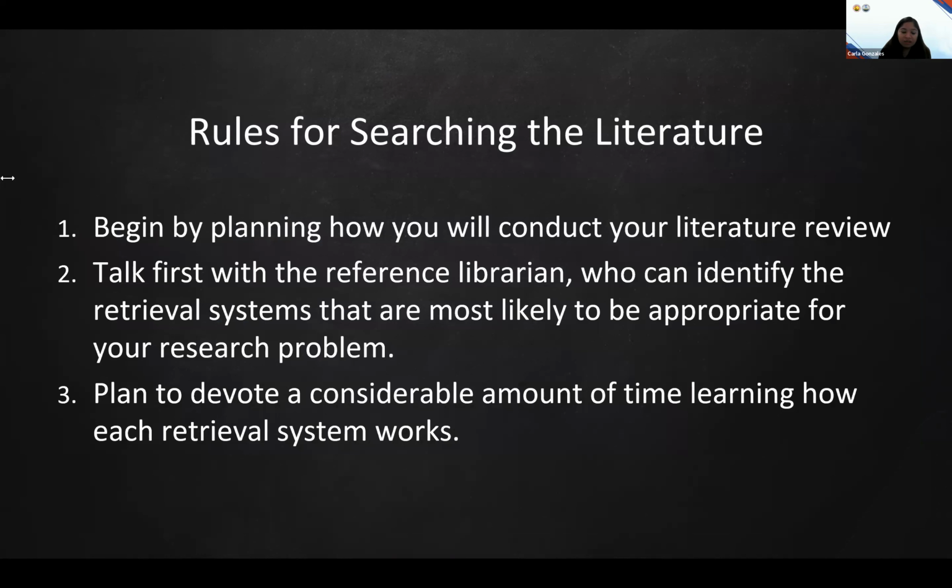Okay, so we're almost done. Rules for searching the literature. Begin by planning how you will conduct your literature review. All action starts with a good plan. So gather the recommended articles, skim over them.